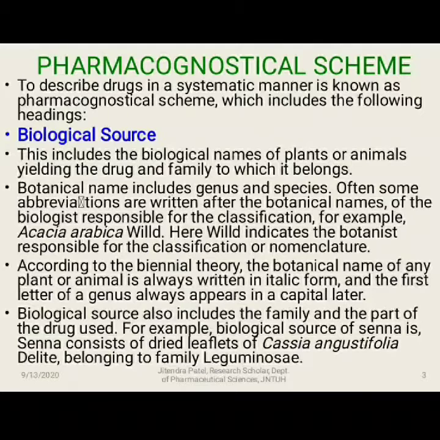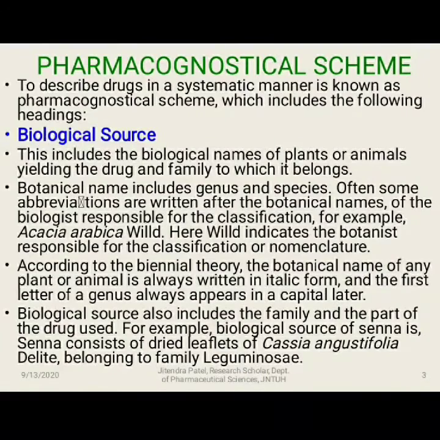Under biological source, the third point: according to the binomial theory, the botanical name of any plant or animal is always written in italic form, right? You can see how Acacia arabica is written in italic form, slanted letters. And the first letter of the genus always appears in a capital letter.